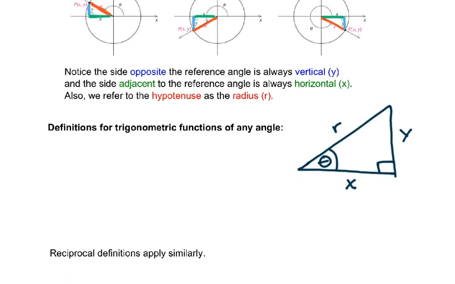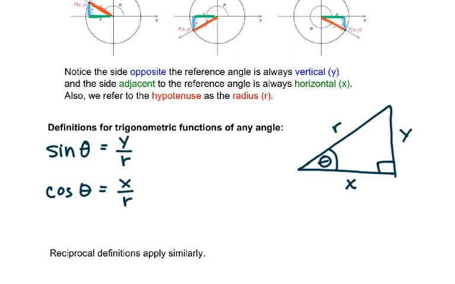So we can define these. I can say, well, sine theta, remember SOHCAHTOA. SOHCAHTOA lets us know that sine is opposite over hypotenuse. In this case, that is y over r. Cosine theta is adjacent over hypotenuse, so that would be x over r.